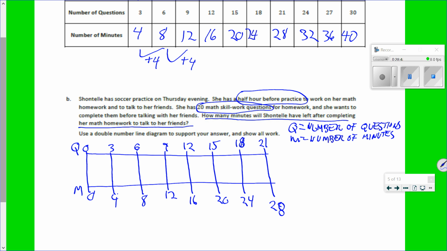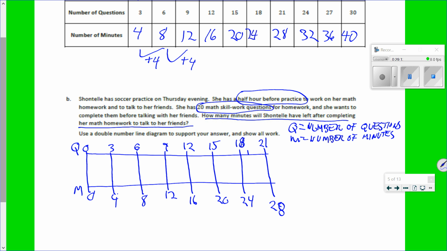All right, so now we're focused on the top line between the 18 and the 21. And we know that the 20 is in there somewhere, right? And it's obviously going to come before 21. So if you were to look at this like a ruler, the ruler has little tick marks in between the numbers. How many tick marks are in between 18 and 21? 3.